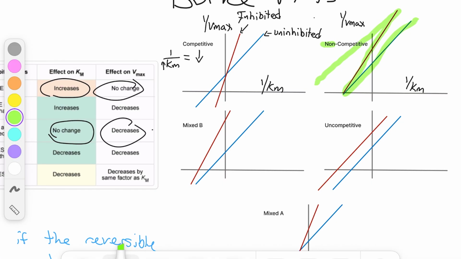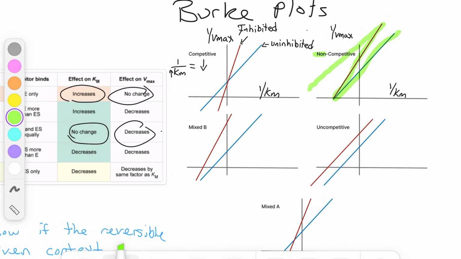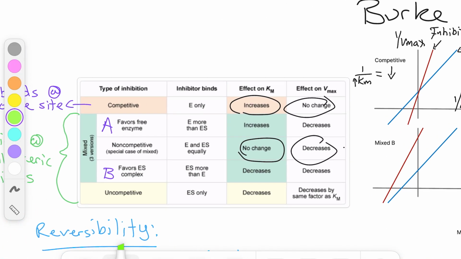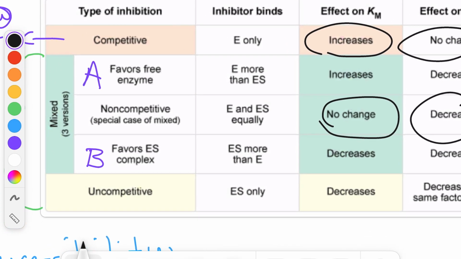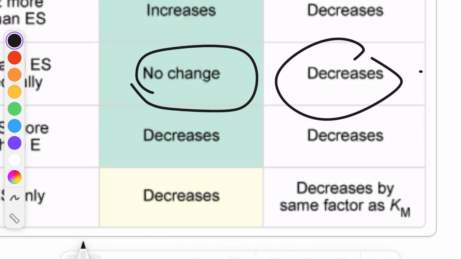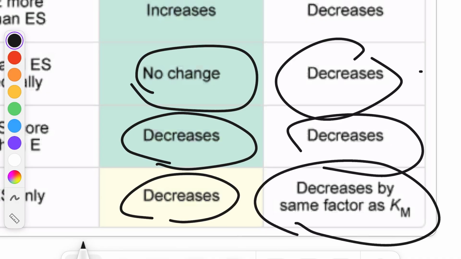The other tricky part is between mixed B and uncompetitive, and mixed A is pretty straightforward. It's the only one that increases the Km and decreases the Vmax. But the difference between mixed B and uncompetitive, this one is very tricky because both of them decrease the Km and they also both decrease the Vmax.